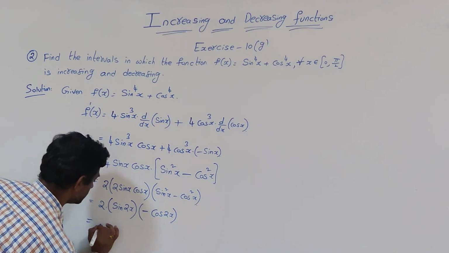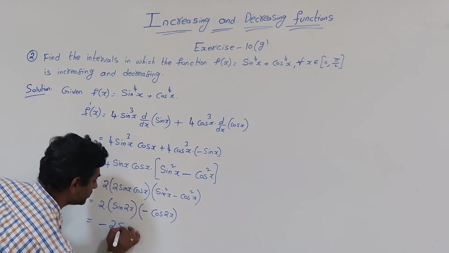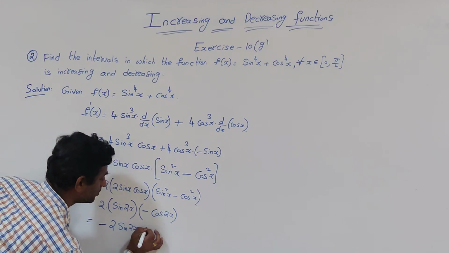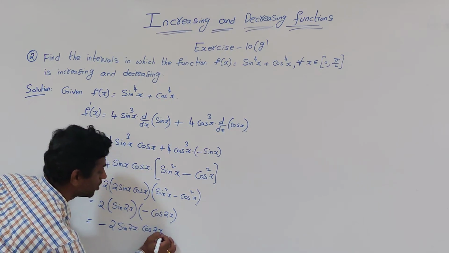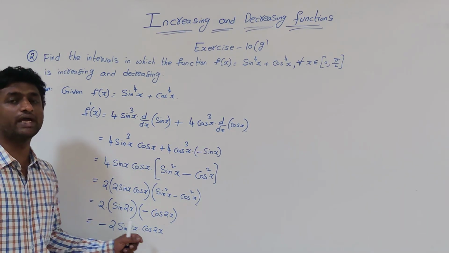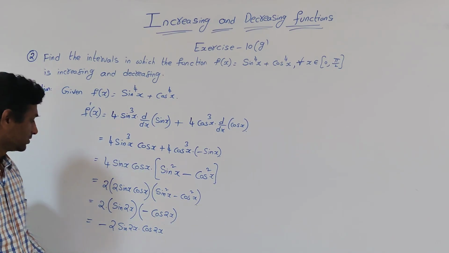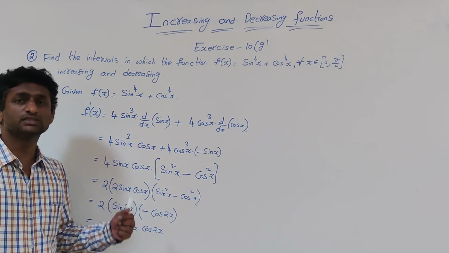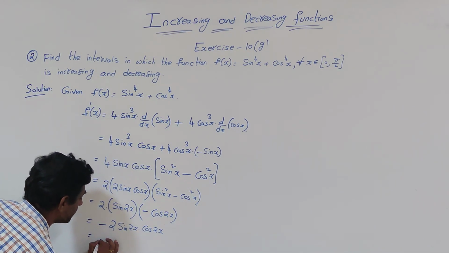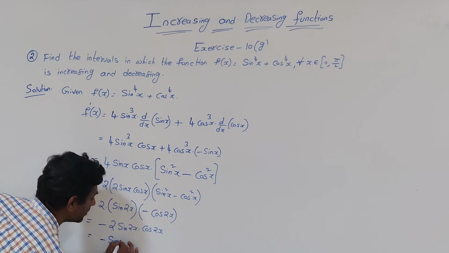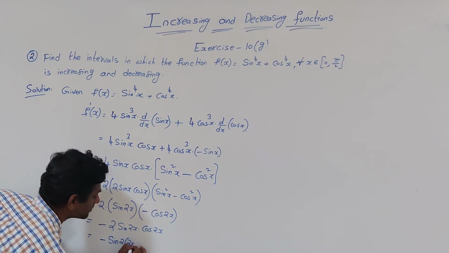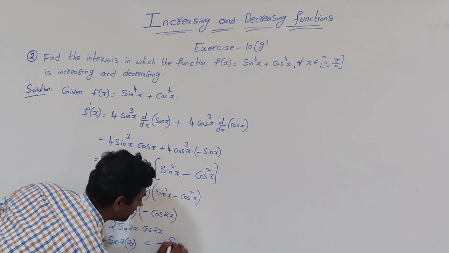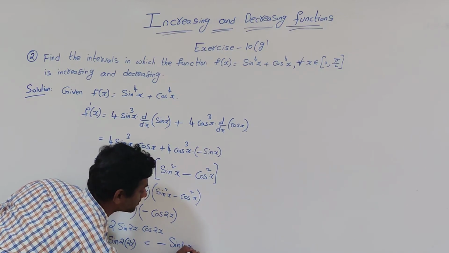So overall it is minus 2 sin 2x into cos 2x. So again it is in the form of 2 sin A cos A, which is sin 2A. So it will be minus sin 2 times 2x, which is minus sin 4x.